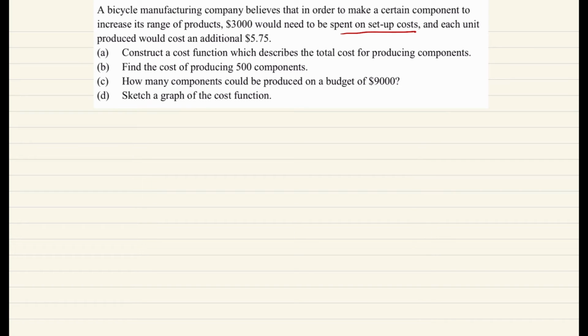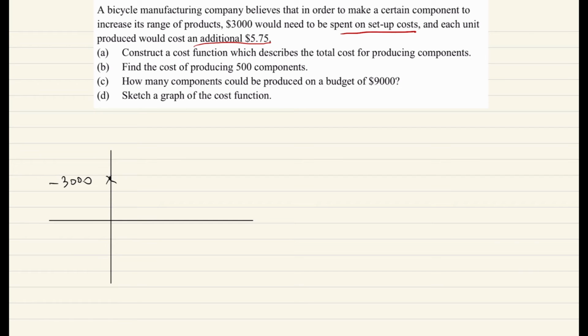So when we look at a function, we will already know that it will start on top. Perhaps it will start here, perhaps over here. We will know that it starts here. And each unit produced would cost an additional $5.75.